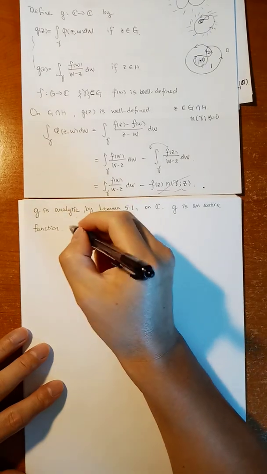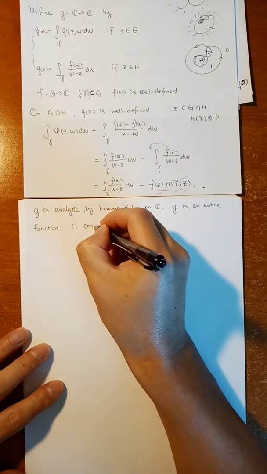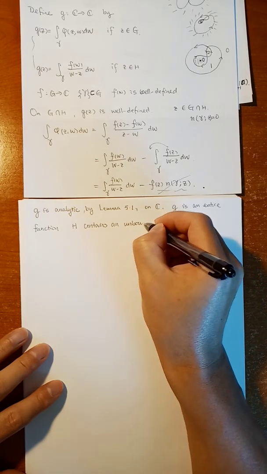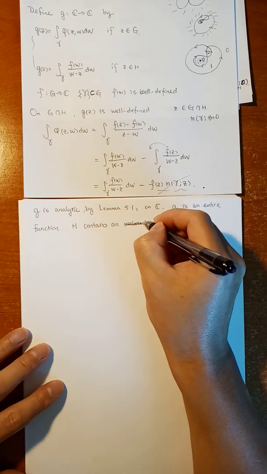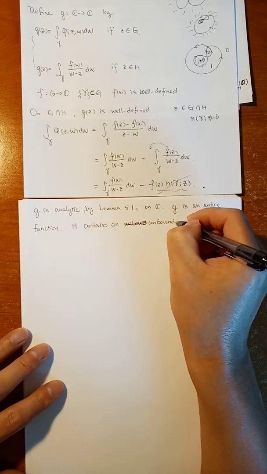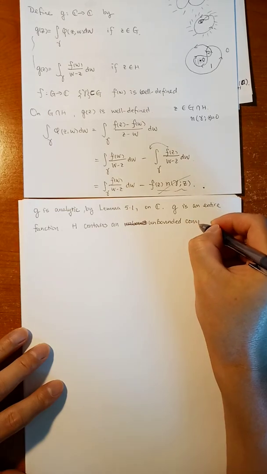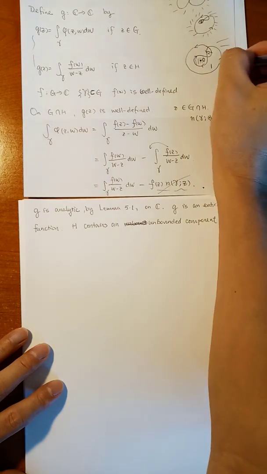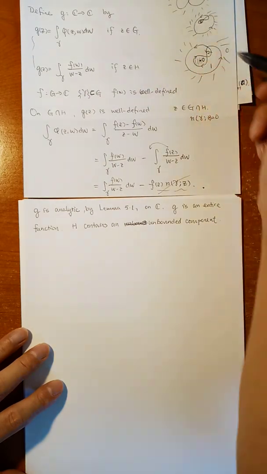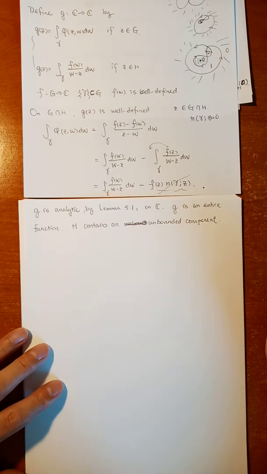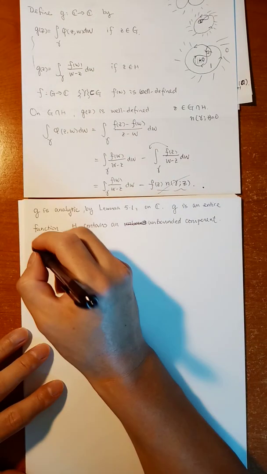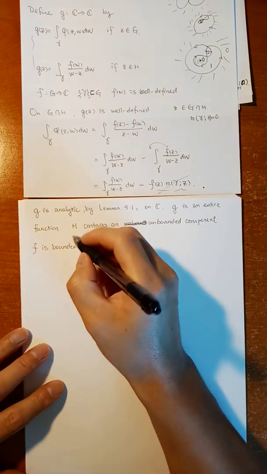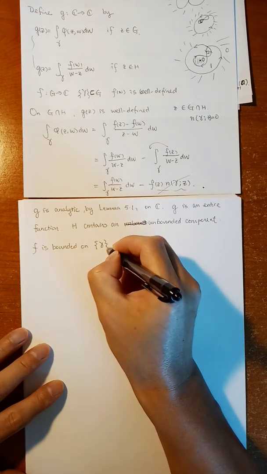Now let's look at H. H contains an unbounded component. Remember that H has an unbounded component. f is continuous, so f is bounded on gamma.